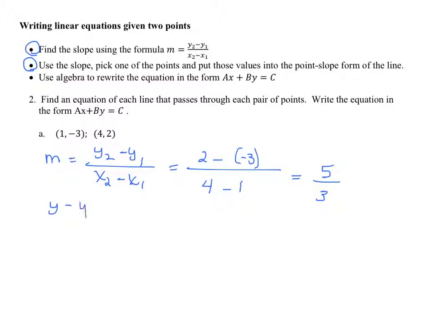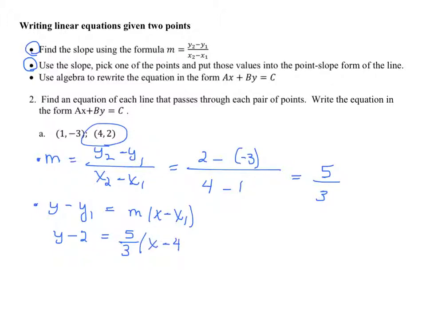Then I'm going to use the point-slope form. y minus y1 is equal to m(x minus x1). So I'm going to pick one of the points. I'm going to pick the one that has the whole numbers in it. So y take away 2 is equal to m, which is 5/3, times (x take away 4).